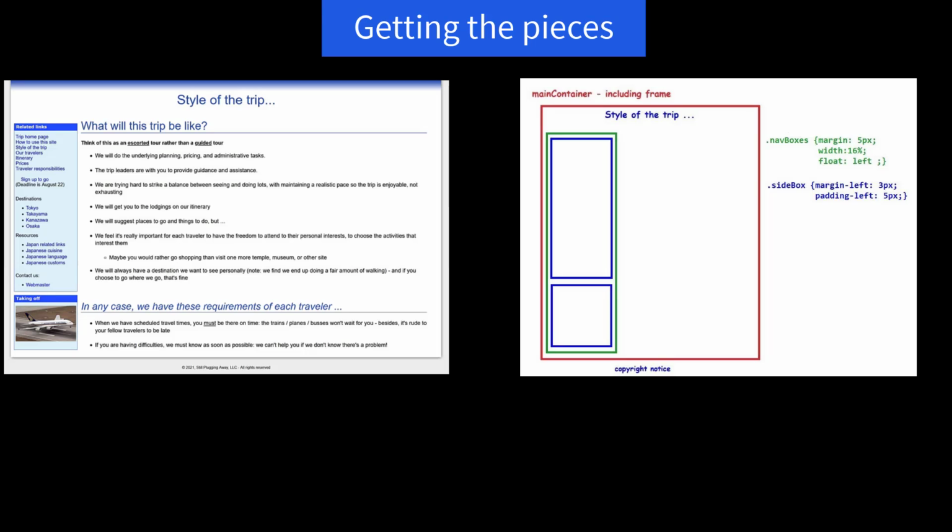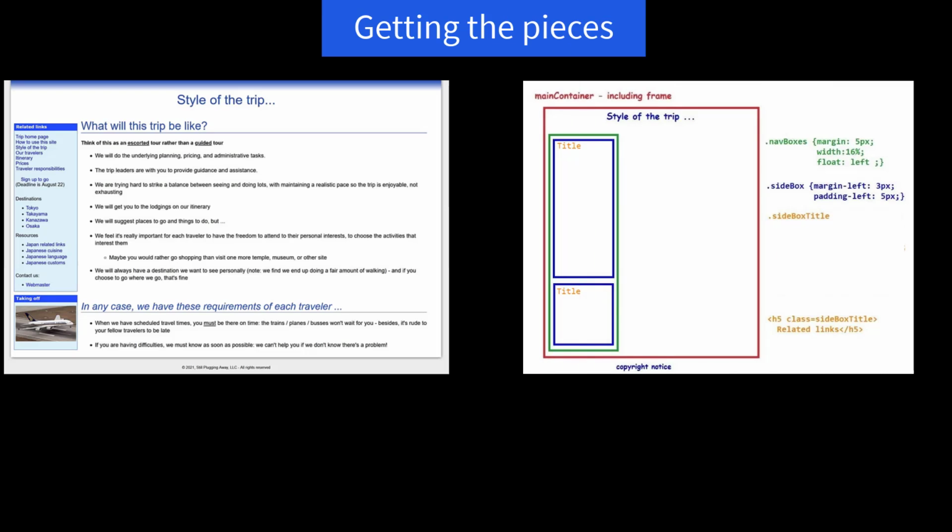Inside each side box there will be a little text that describes the following embedded contents. For this text we'll use an H5 element with a class of side box title. To understand what we're talking about, consider this text in the first side box, the related links. So here's our first cut at the style rule.